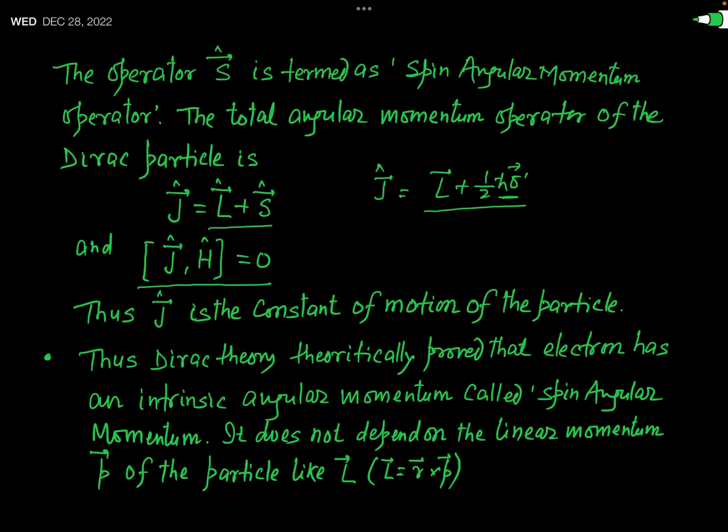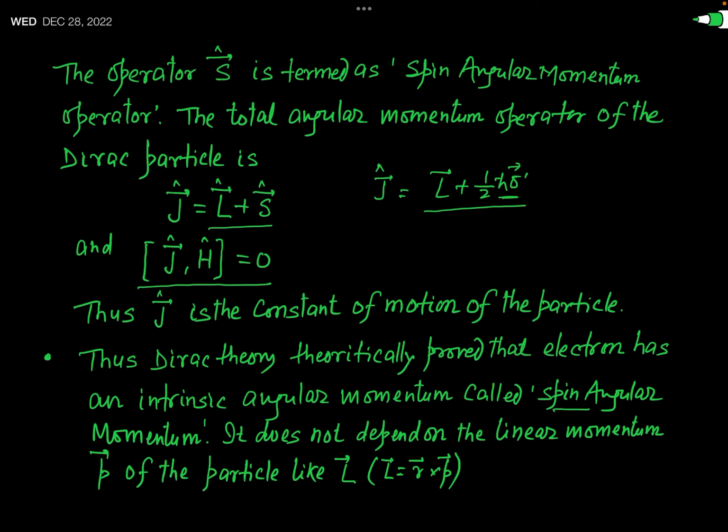In fact, from this Dirac theory you can see that the electron or the Dirac particle has an intrinsic angular momentum, and this intrinsic angular momentum is called spin angular momentum. Why intrinsic?